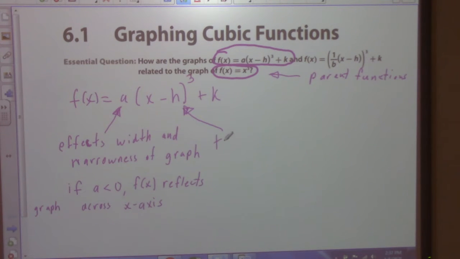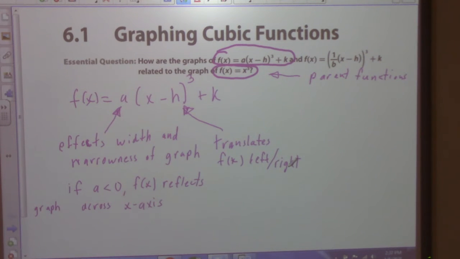And really, translates f of x left and right. I'll just put left/right. Now Gabby happened to have used the conventionally accepted algebra word, which is translates, but are there other words you could use besides that?